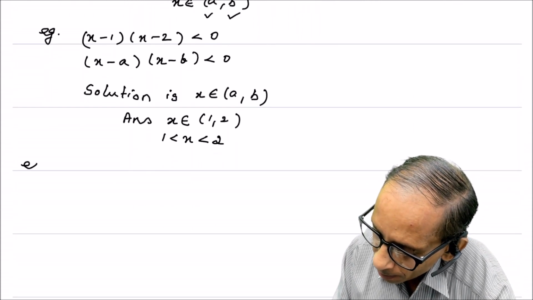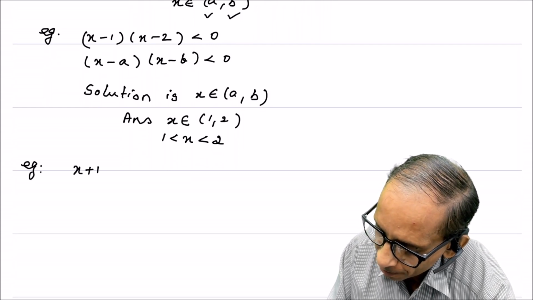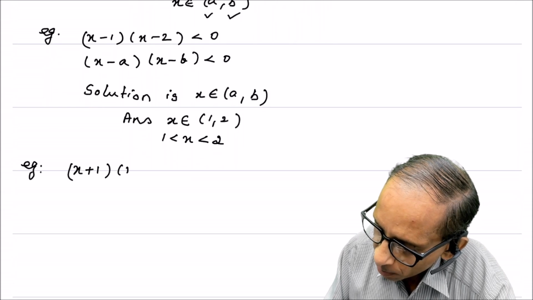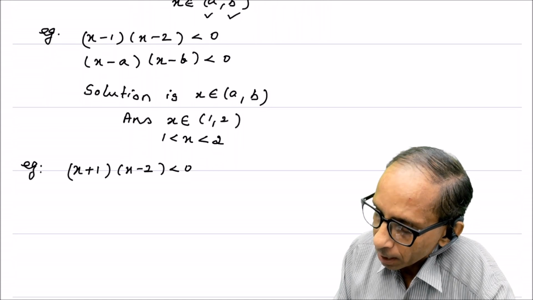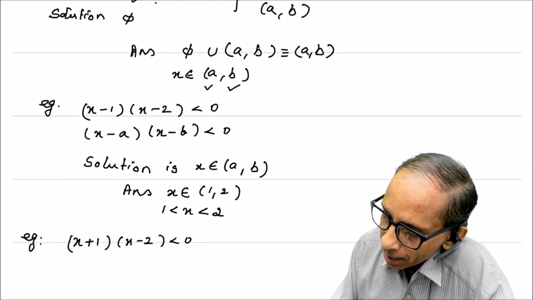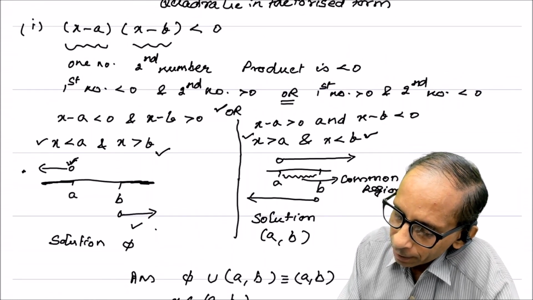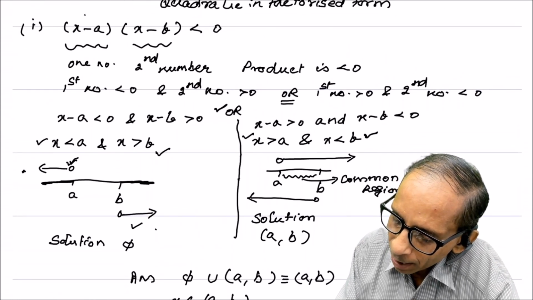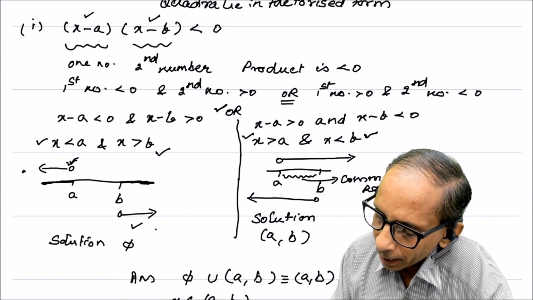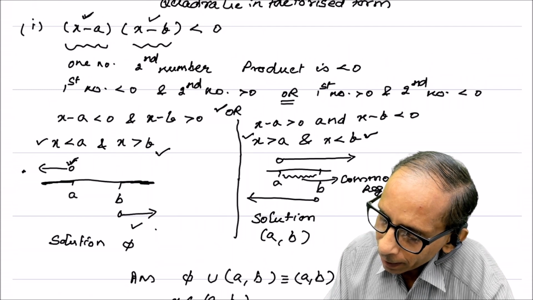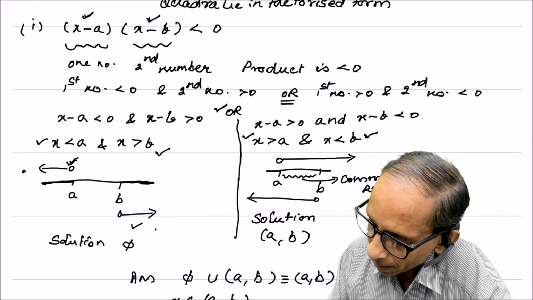Sometimes confusions can arise. Say if you are having this particular case, x plus 1 into x minus 2 less than 0. What we notice is that the format for the quadratic inequality was x minus a, x minus b. The connecting sign here and here between x and the other number were minus signs.